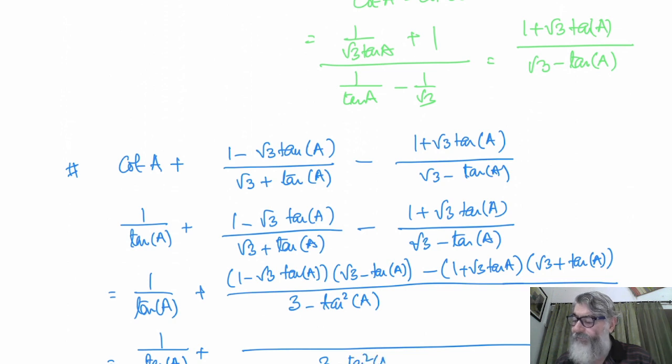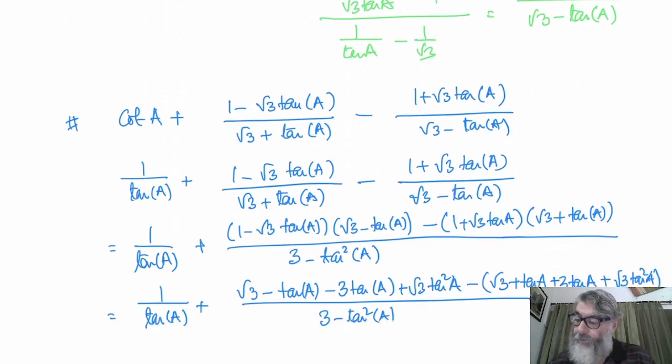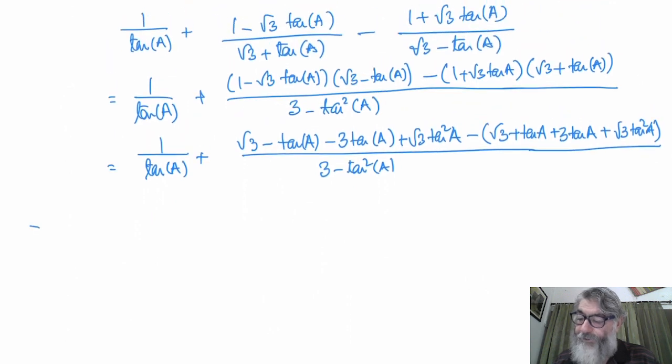It seems that a lot of cutting will be there. 1 into root 3 is root 3, minus tan A; root 3 into tan A will become 3 tan A, and plus root 3 tan square A. It's a little long, so I'll have to write a small minus. 1 into root 3 is root 3, plus tan A, plus 3 tan A, and plus root 3 tan square A. Okay, let's shift it to the left so that I get more space to write.